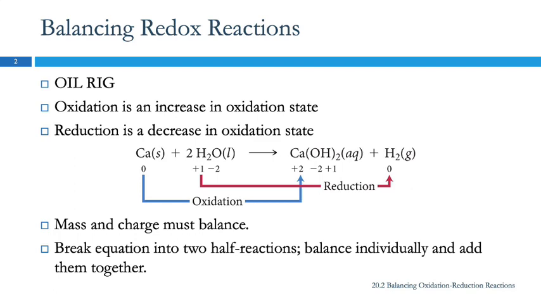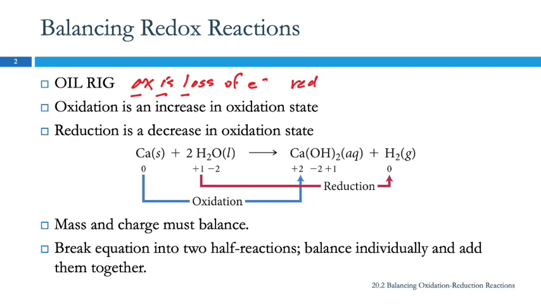So just a quick review of what we covered on Tuesday. OIL RIG is the mnemonic that helps us remember what's oxidation and what's reduction, right? Oxidation is loss of electrons, that's the OIL.